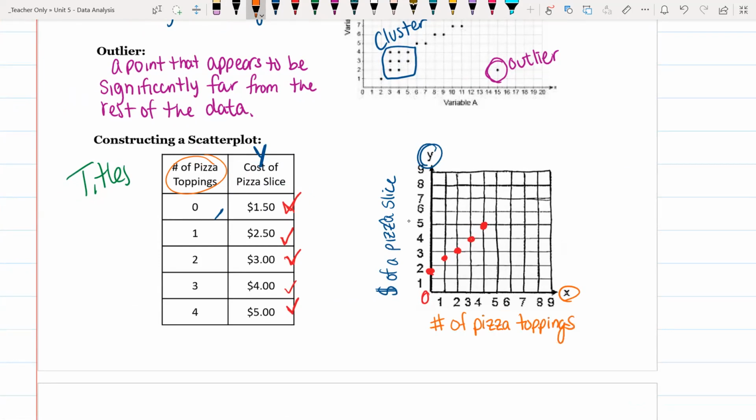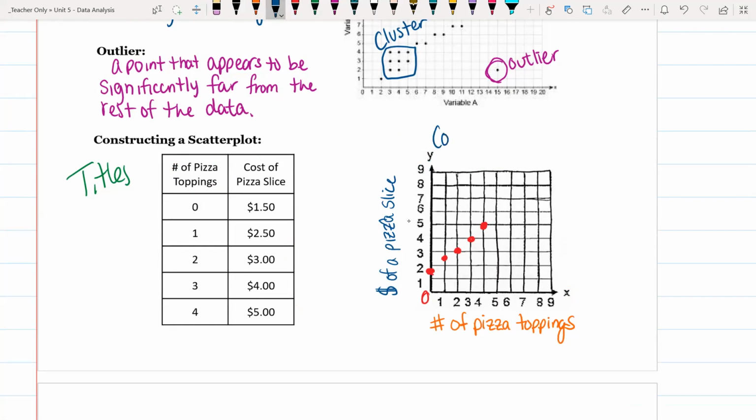And I always have a hard time with coming up with a title for the whole graph. So they give us what X and Y is, so that I felt like was always easy, but we need to put a title for the whole graph. So what two things are we comparing?